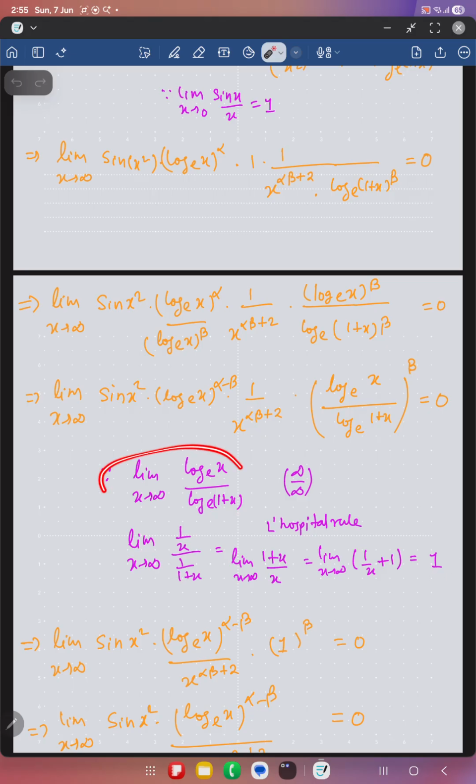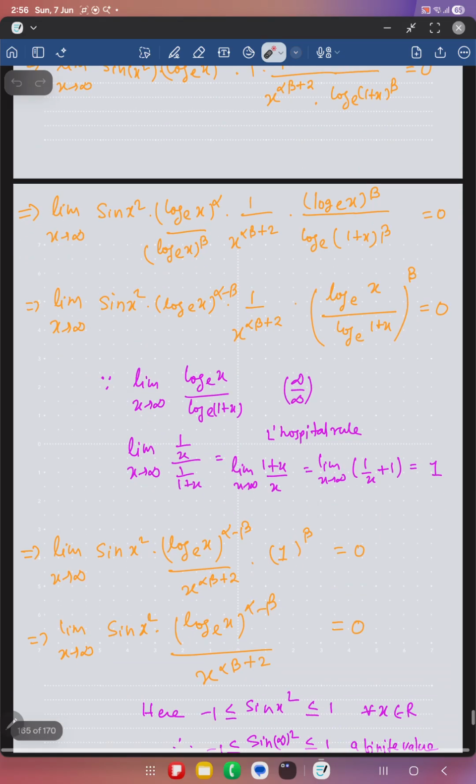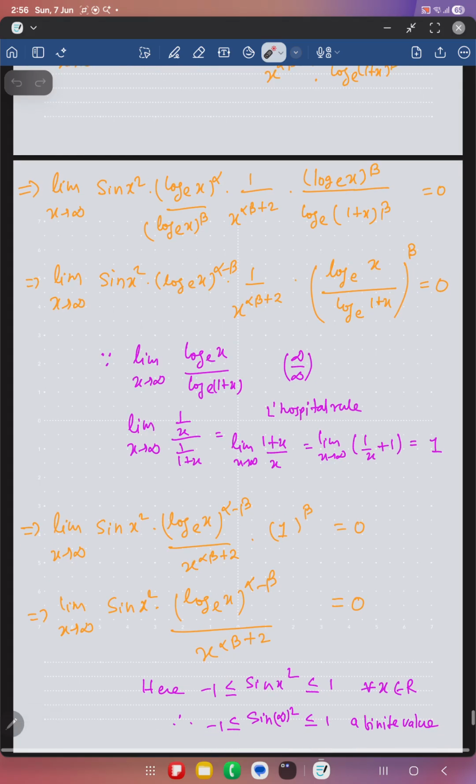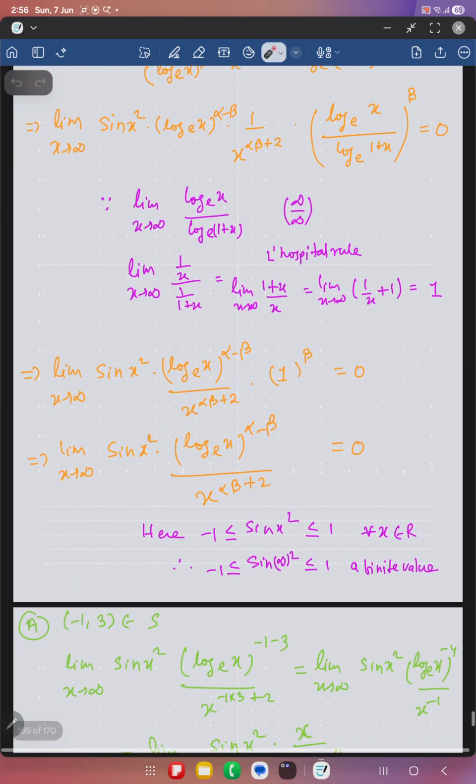So using this formula that its value is 1, we will utilize this one here. Same case is there, so now our expression will take this form: limit x tends to infinity sin x square log e x power alpha minus beta and x power alpha beta plus 2 and 1 power beta, that is 1 only. So now our expression has reduced till here.